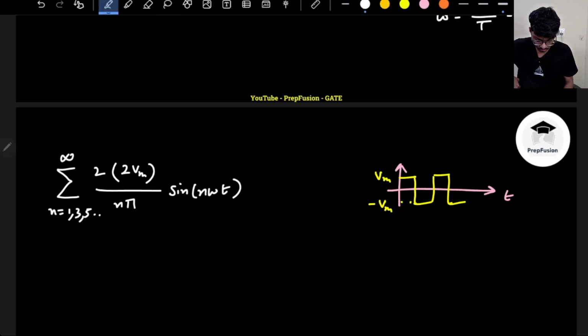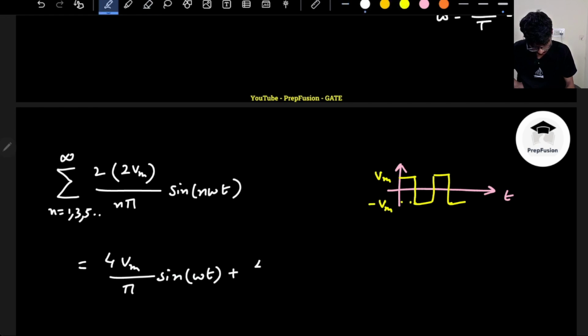So this can be written like this: 4 Vm by pi sine omega t plus 4 Vm by 3 pi. Basically, the amplitude of the sinusoid will reduce as I go into the high frequency. So this will be sine 3 omega t and so on. It will go on.